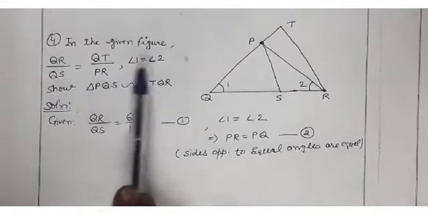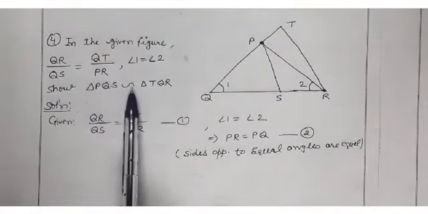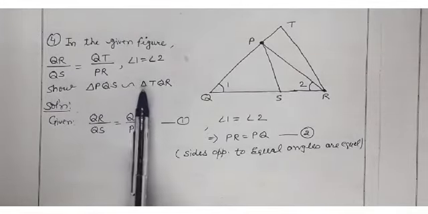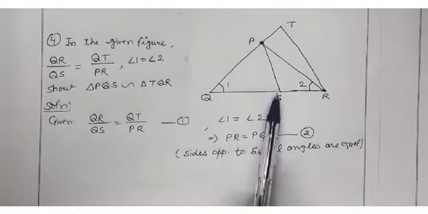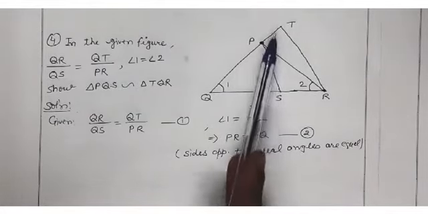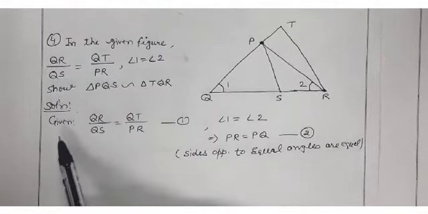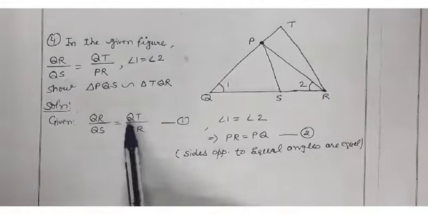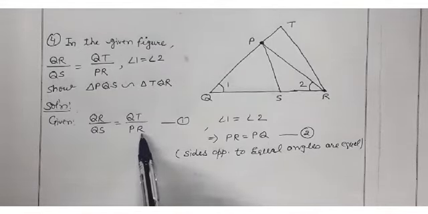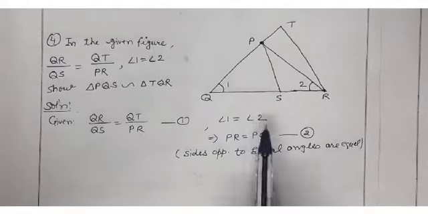Then what you have to show is triangle PQS is similar to triangle TQR.